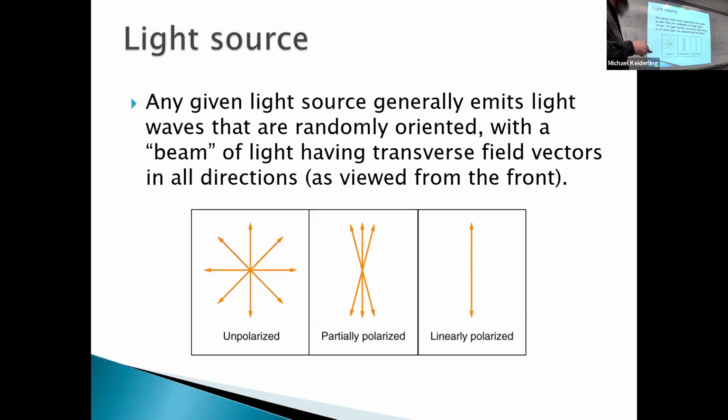But certain effects can cause things to become more polarized. The directions are more lined up. Reflecting off of surfaces is actually one of these. And you can completely polarize with something like this. This is a polarizing filter. It polarizes light. I'm not sure which way. So all of them are lined up together.